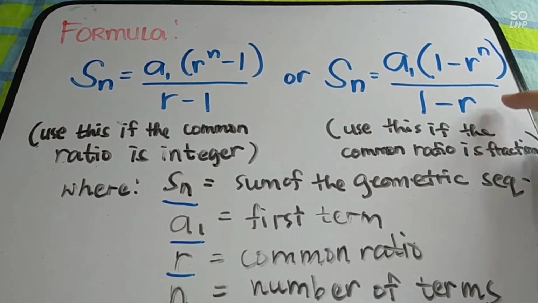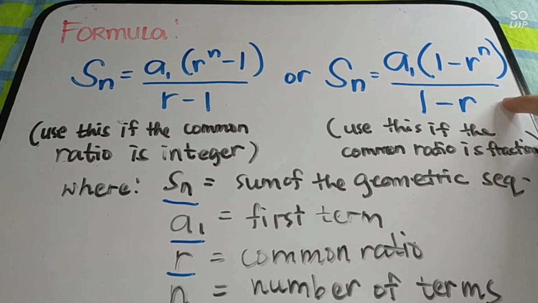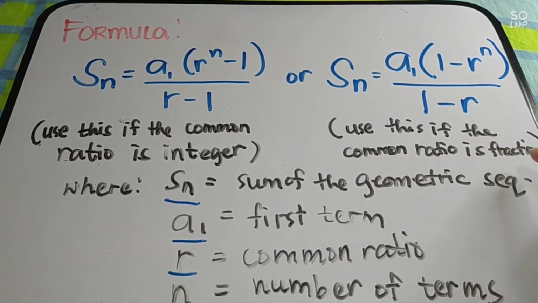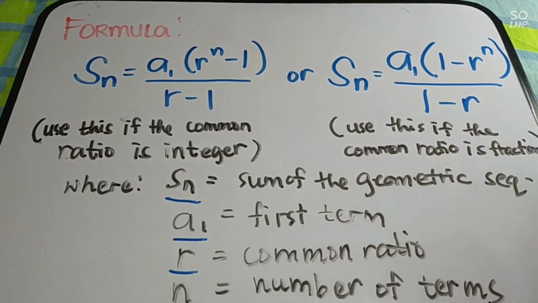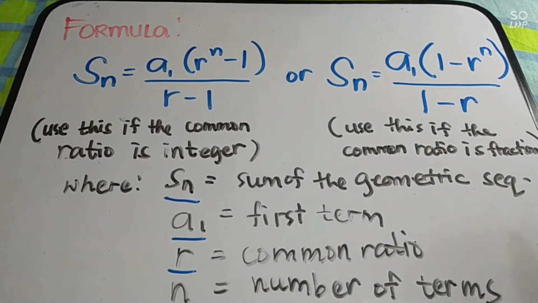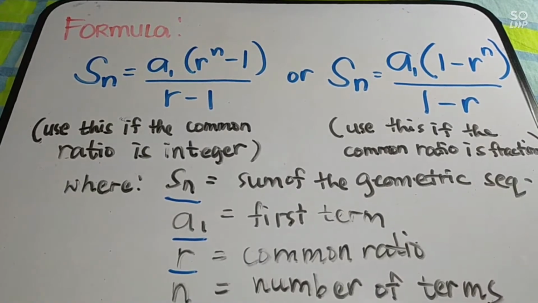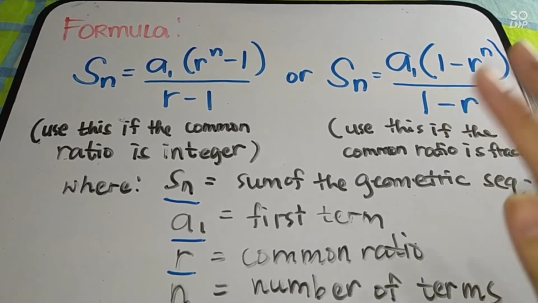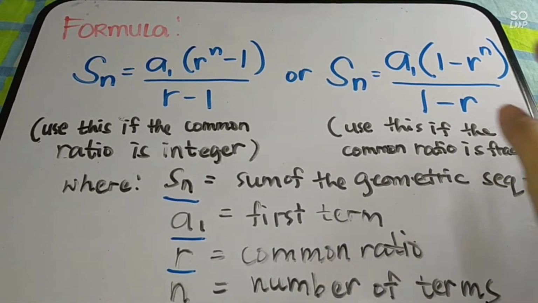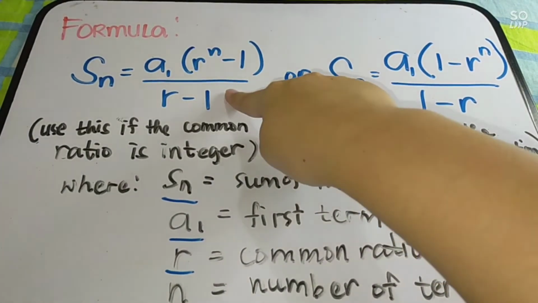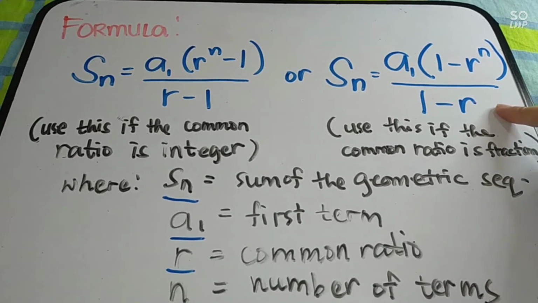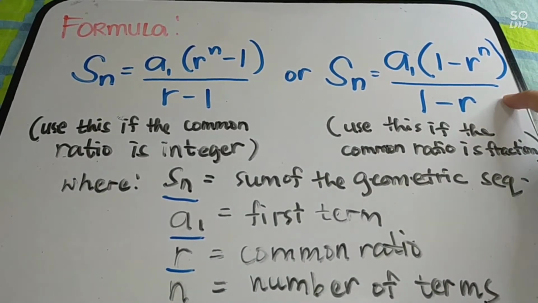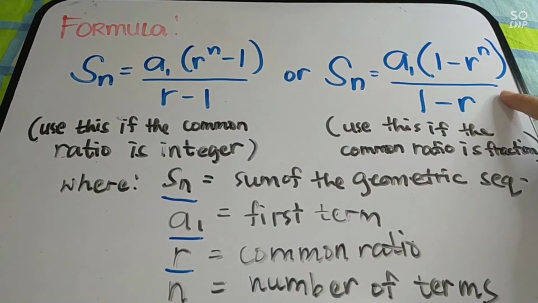Then, dito naman, ito yung gamitin nyo kapag ang common ratio niya is a fraction. Okay? So, ba't ko to sinabi? Para iwas negative numbers tayo. Kasi pag nagkaroon ka ng negative numbers, parang nakakalito na, di ba? So, para iwas negative tayo, ito i-apply natin kapag ang common ratio natin is integers. Then, this one, ang i-apply natin kapag ang ating common ratio is a fraction.